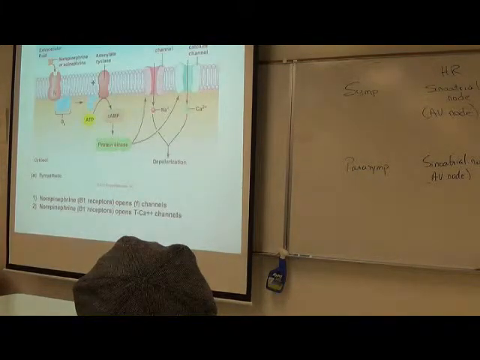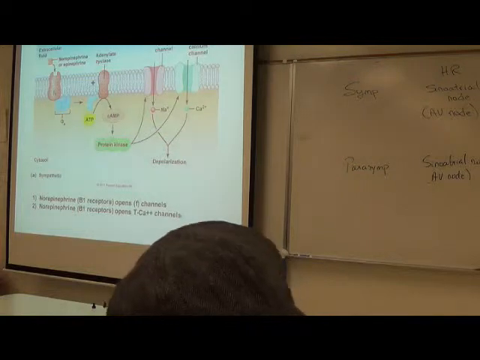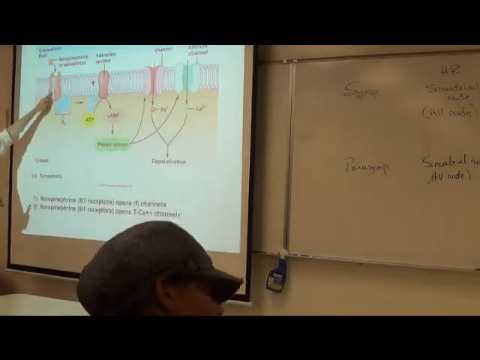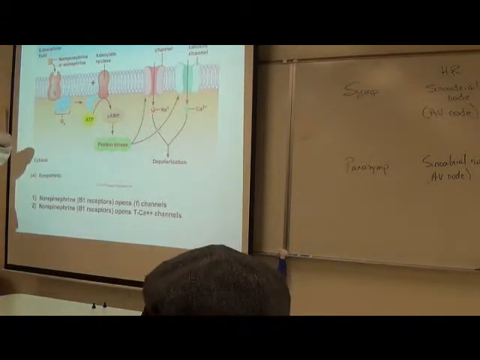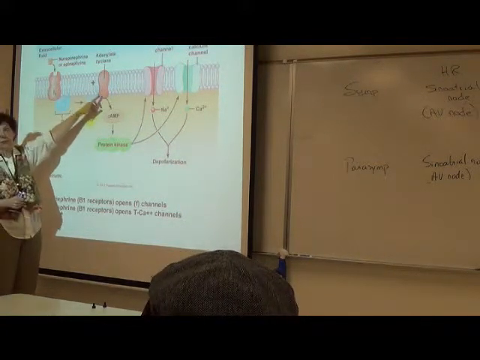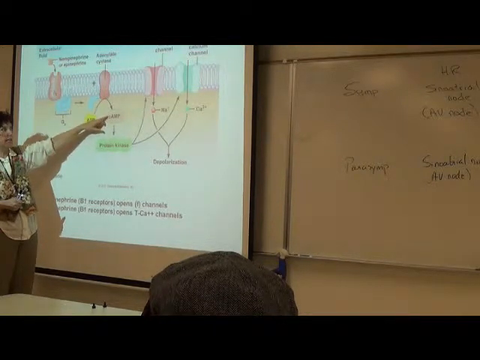Now, do you remember how the sympathetic nervous system increases the firing of the pacemaker potential? Norepinephrine or epinephrine from the adrenal gland binds to a beta-1 receptor. If this is on the sinoatrial node or the atrioventricular node, it's going to activate adenylate cyclase, which increases cyclic AMP.